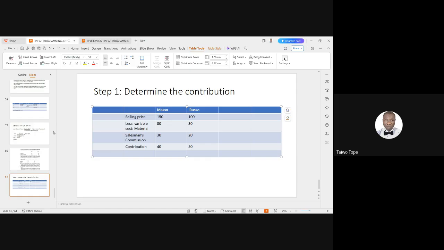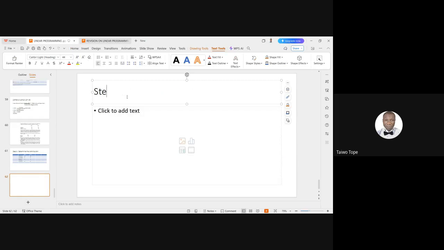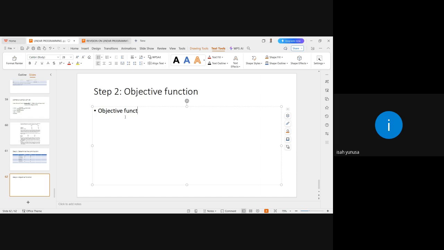So you can now show your objective function. The objective function will now be what? Maximize what? To maximize contribution.